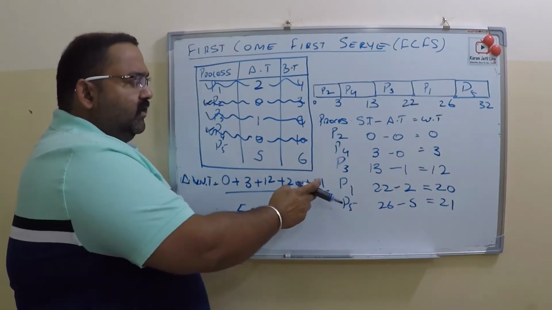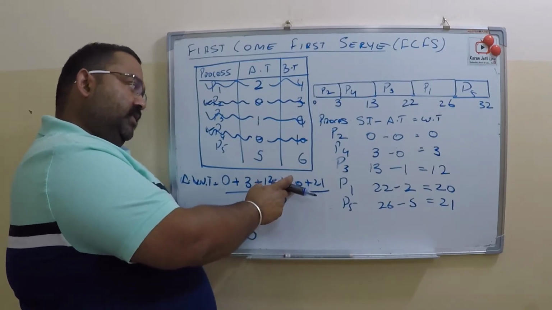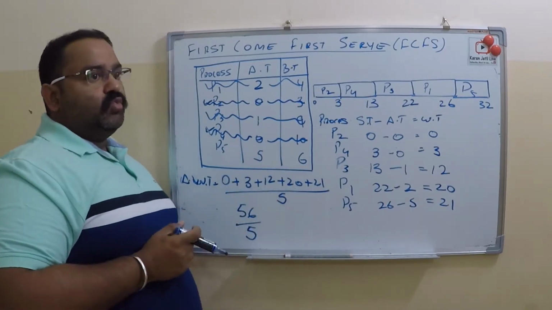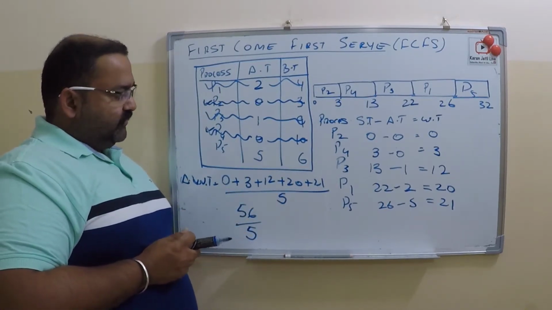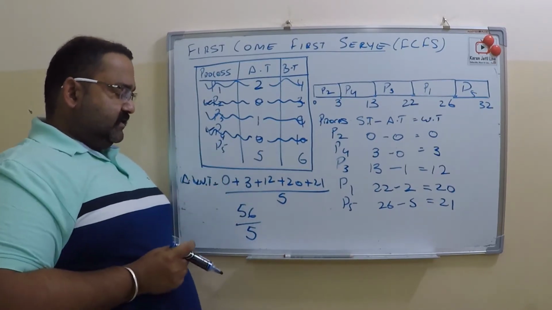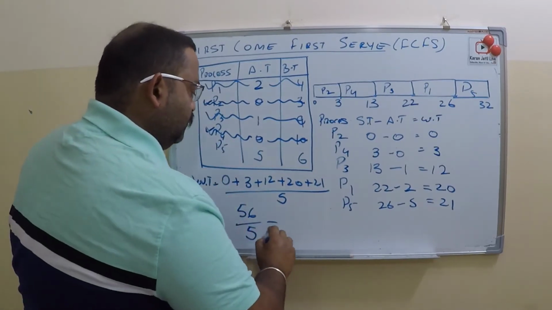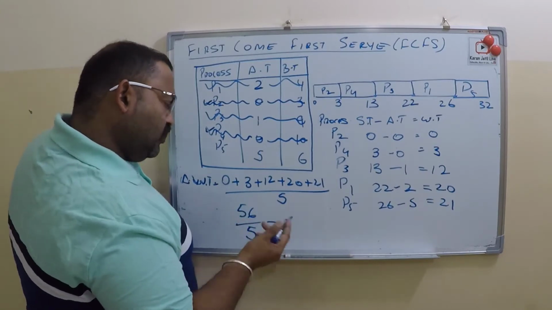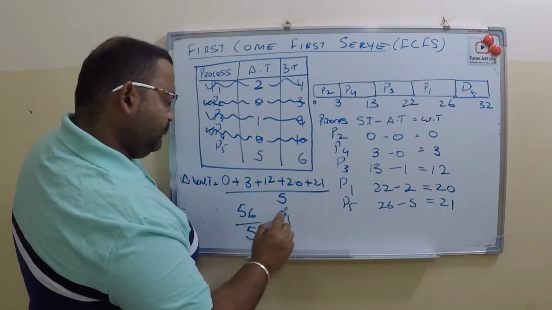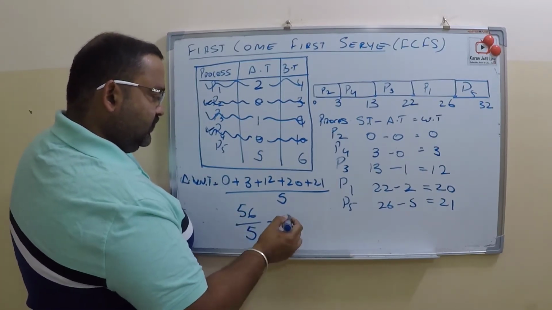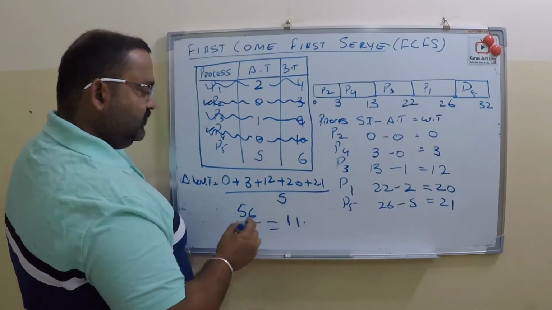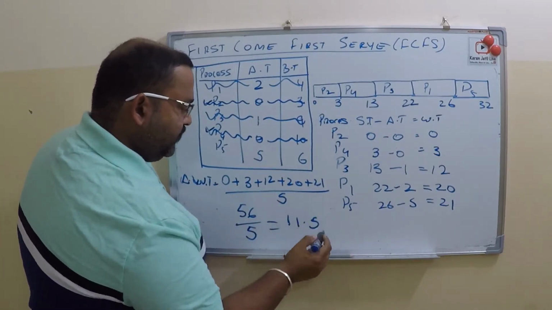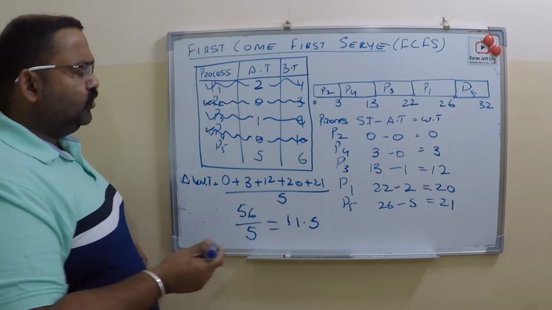Let us check it again. 21 plus 20 is 41, 41 plus 12 is 53, 53 plus 3 is 56. So what should it be?